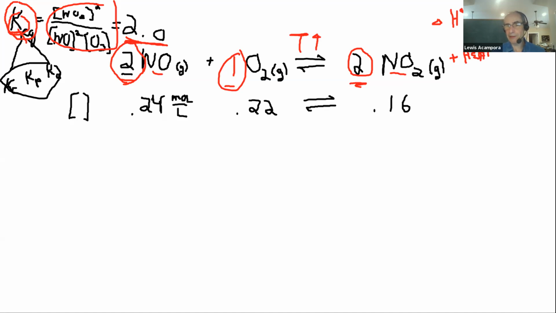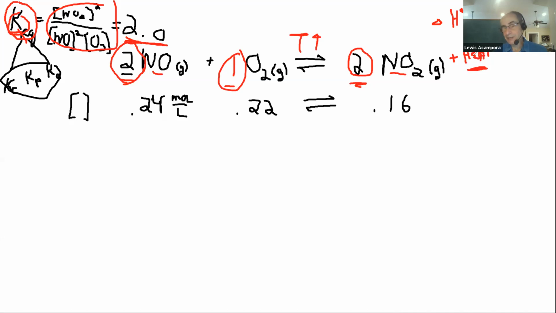And if we were to run this reaction in an insulated system, the temperature would go up because it's releasing heat. So it turns out that if we externally increase the temperature of the system, well, think about heat as a product of this reaction, and increasing the temperature will increase the availability of thermal energy.